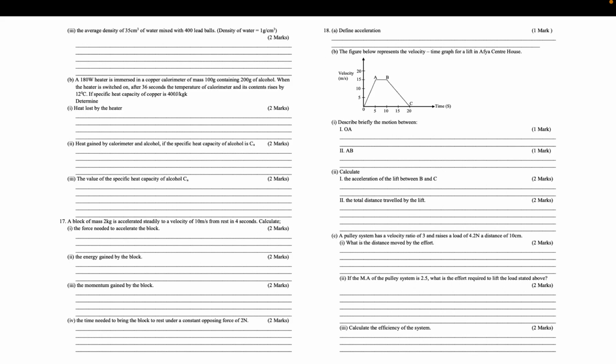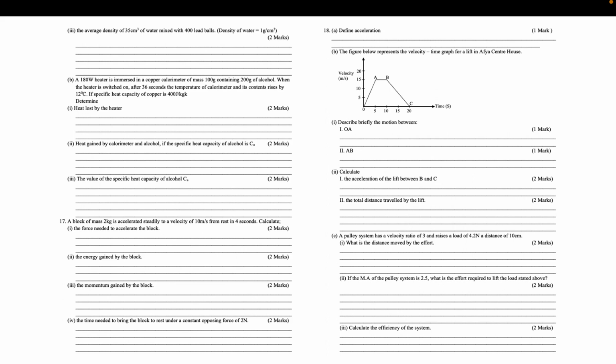(b) A 180 W heater is immersed in a copper calorimeter of mass 100 grams containing 200 grams of alcohol. When the heater is switched on, after 36 seconds the temperature of the calorimeter and its contents rises by 12°C.